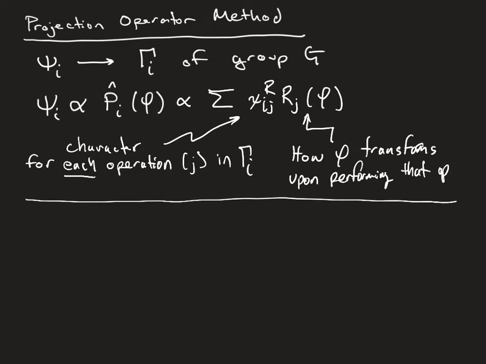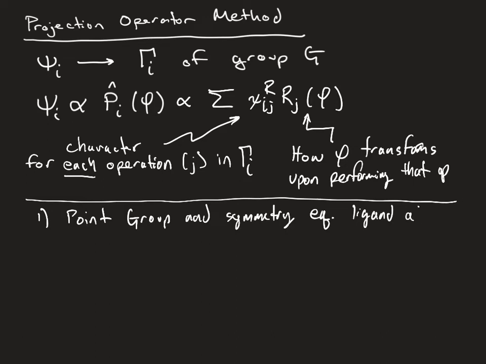The general method that we're going to go through to use these projection operators to form SALCs is to first identify the molecular point group and your symmetry equivalent ligand atoms.